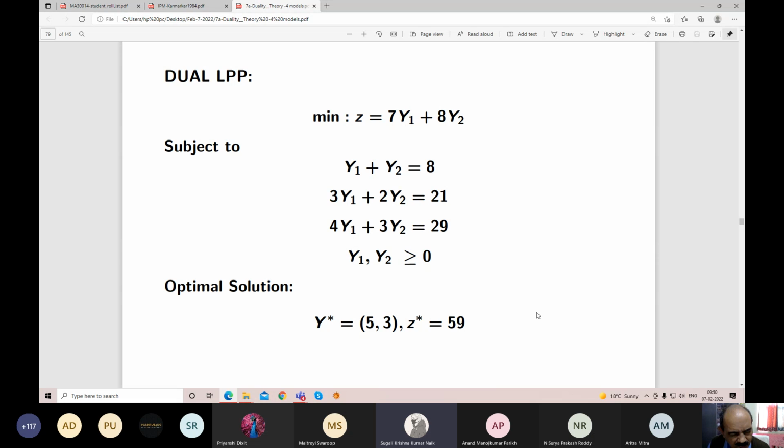Once somebody is old, I don't have the calendar. Wait a minute. Yes, 12th.